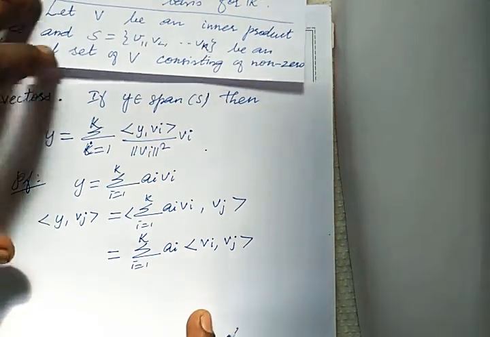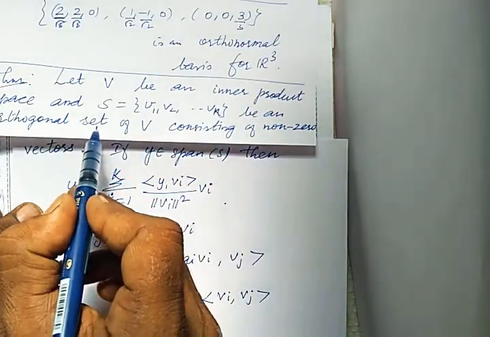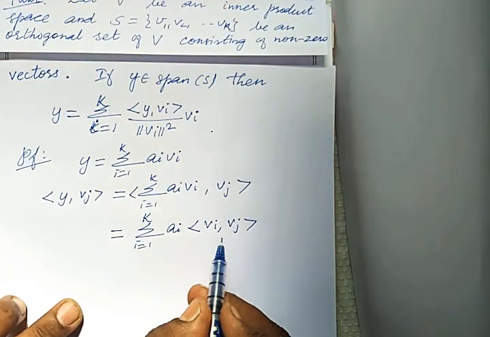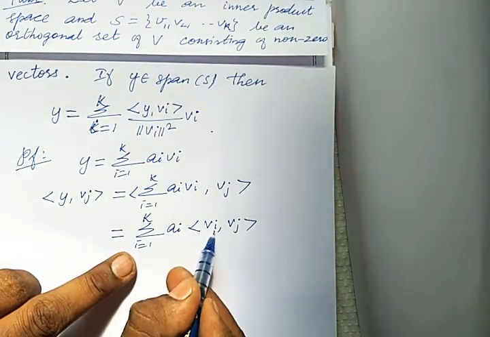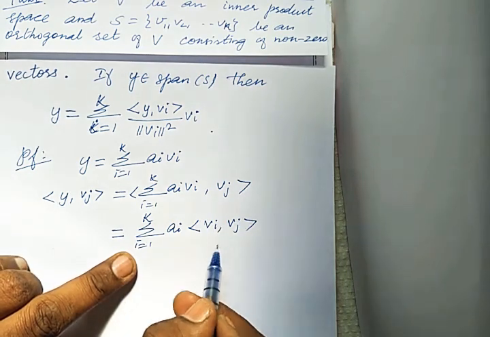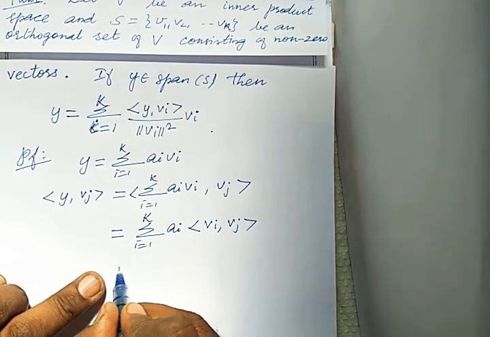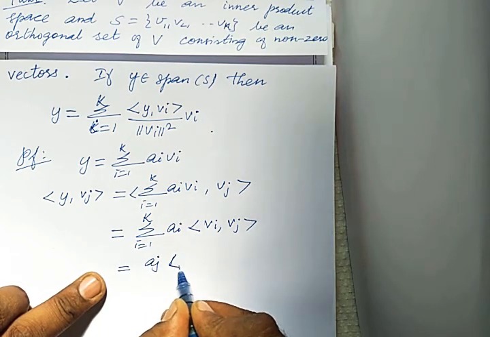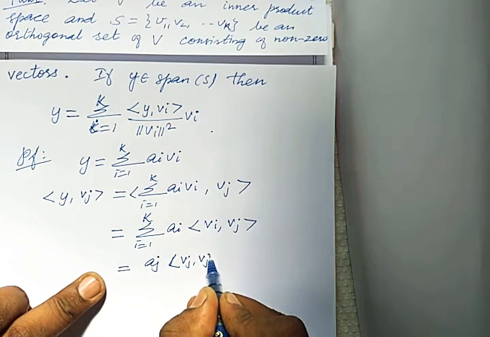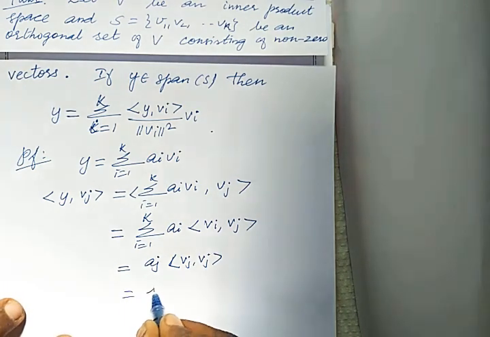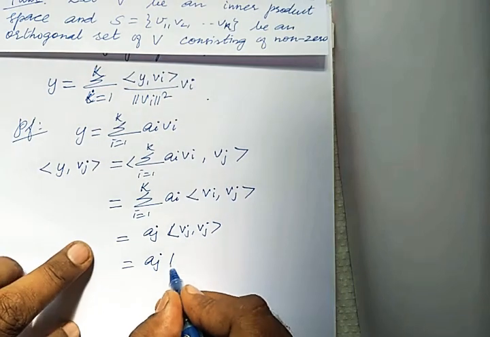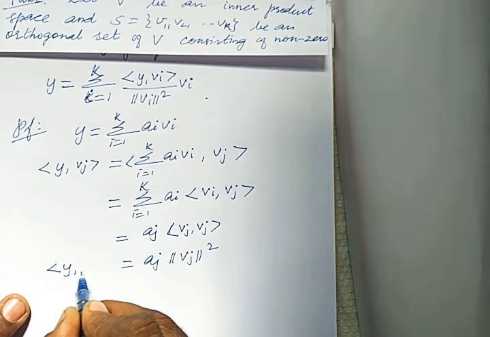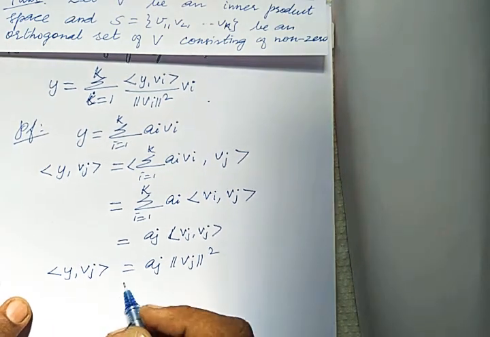But it is given that this is an orthogonal set. So this will be 0 unless i is equal to j. Otherwise this will be 0. When i is equal to j, we will get aj times the inner product of vj comma vj, that is nothing but aj times norm vj squared.